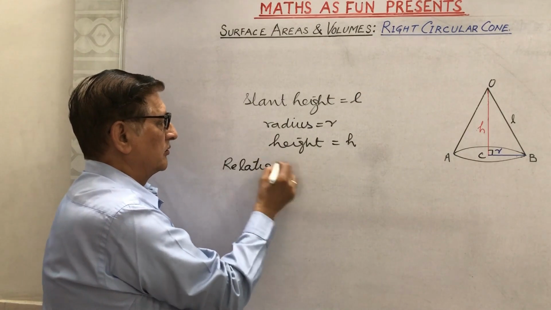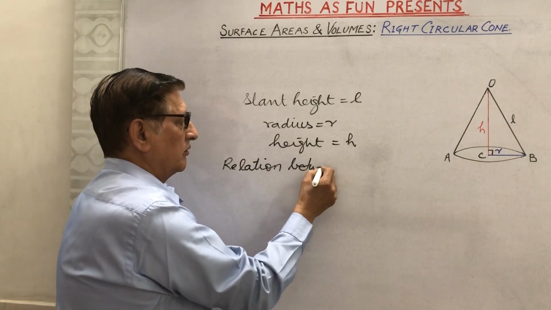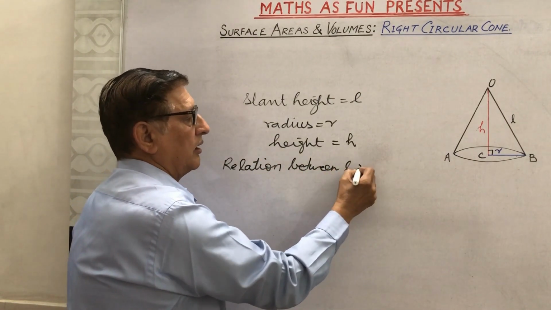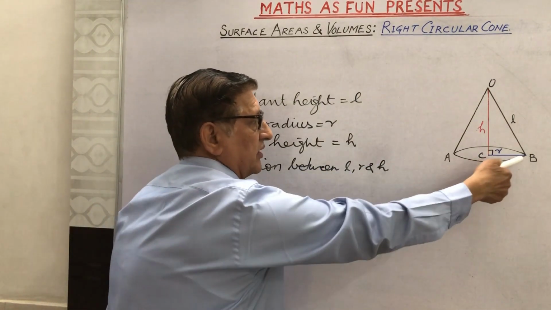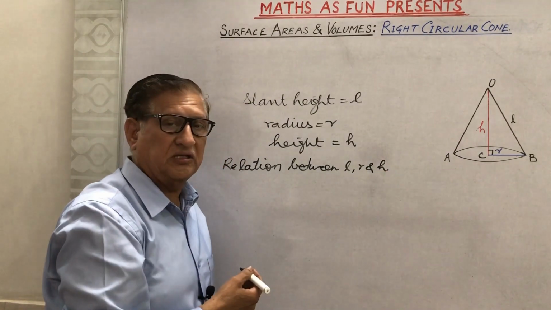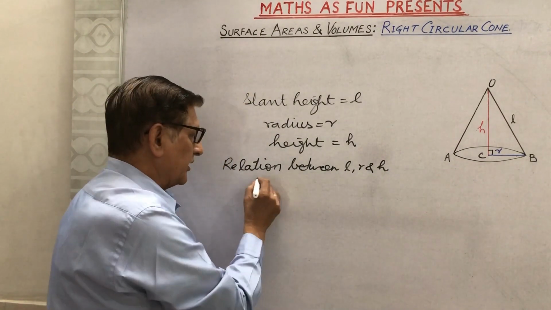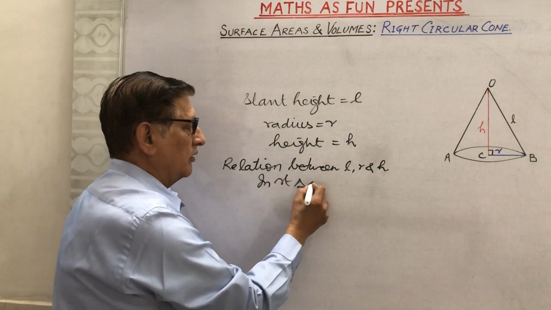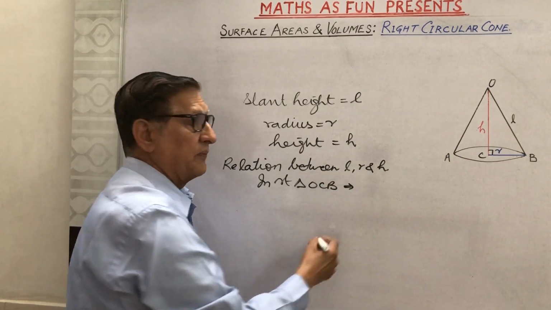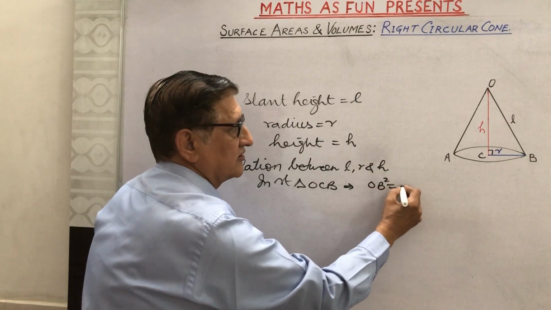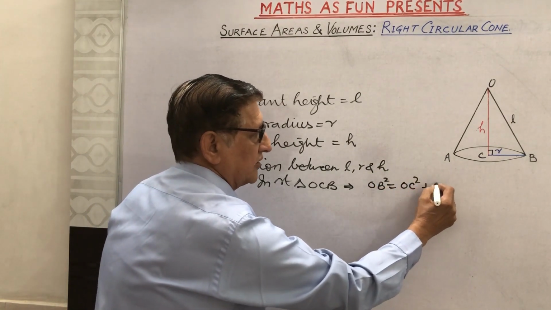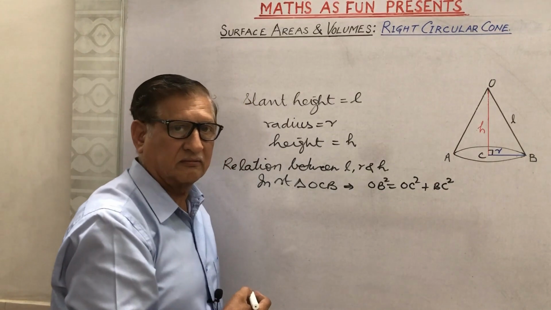Relation between L, R and H. You can see here this is forming a right angle triangle. OCB is a right angle triangle. In right triangle OCB, by Pythagoras theorem, what we find? We find that OB square is equal to OC square plus BC square.